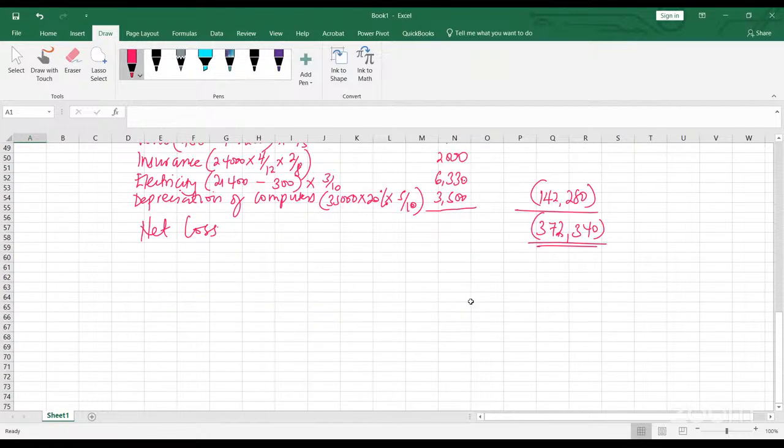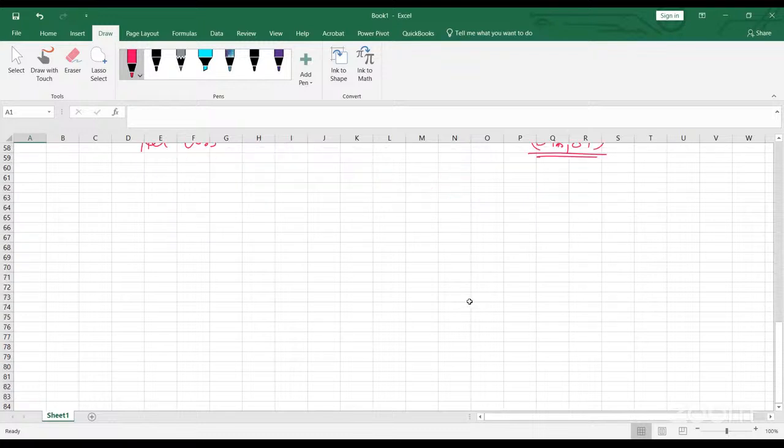Now I want us to prepare the statement of financial position. If there are no questions, let's go to it. Remember, in the statement of financial position, that's where we list the assets, the liabilities, and the equity of the business.